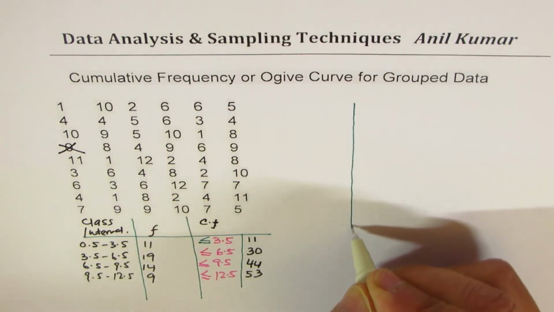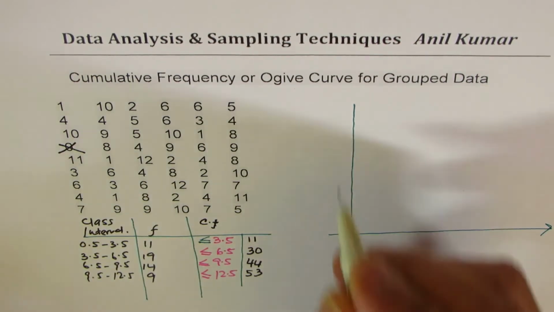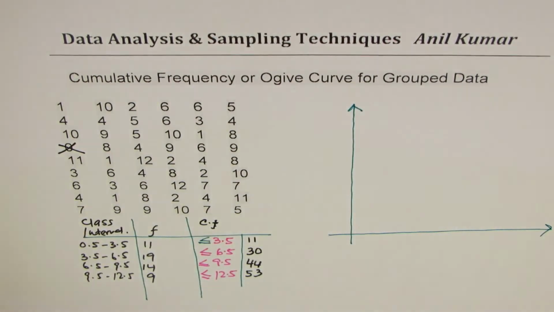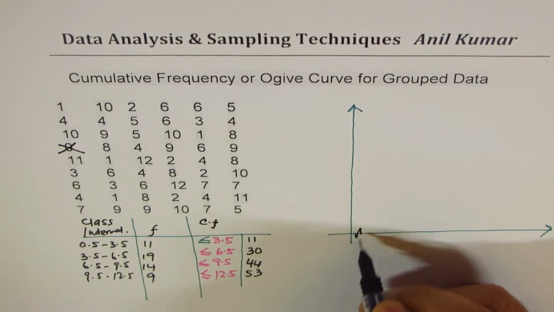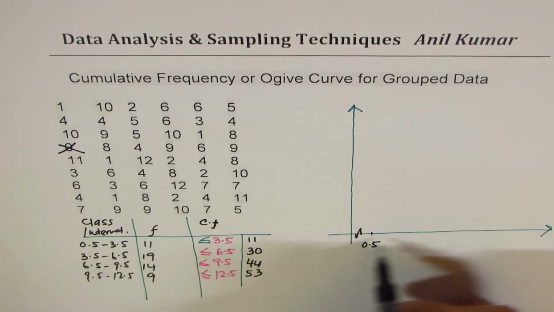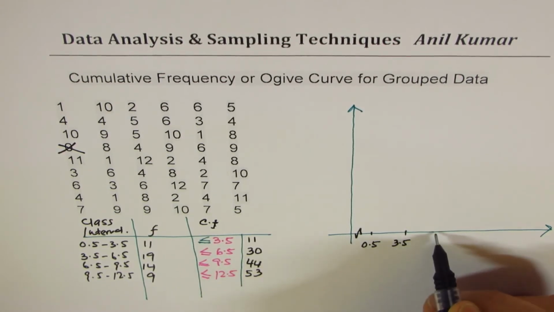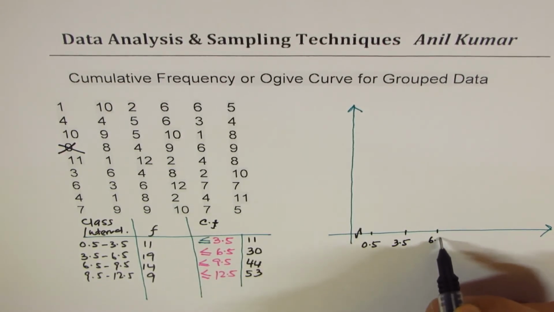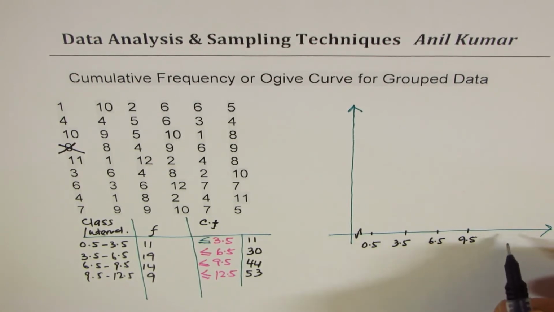And now let us see how to sketch the graph of cumulative frequency when we are working with grouped data. So to begin with, let's break the scale. We are working from 0.5, and then this is 3.5, and then we have 6.5, and then 9.5, and then 12.5, right?